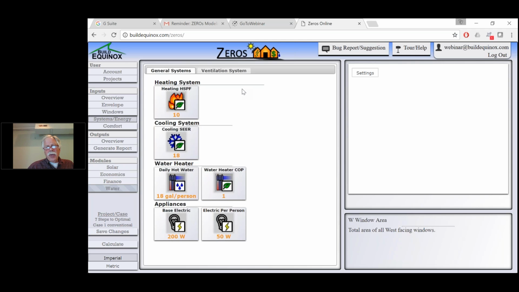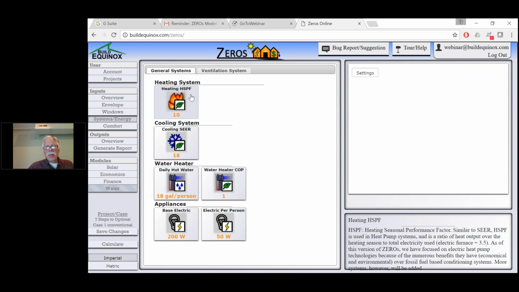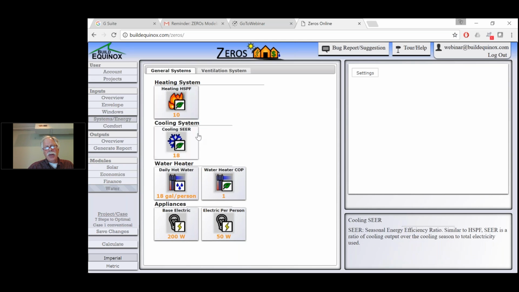Going on to systems, again, keeping it simple. Yes, these things are temperature dependent, like the heating seasonal performance factor for a heat pump and cooling systems here. And these are good, reasonable values for those. Daily hot water usage, this is the average for the US as far as hot water per person. If you have a teenager, that might be 50 gallons per day.